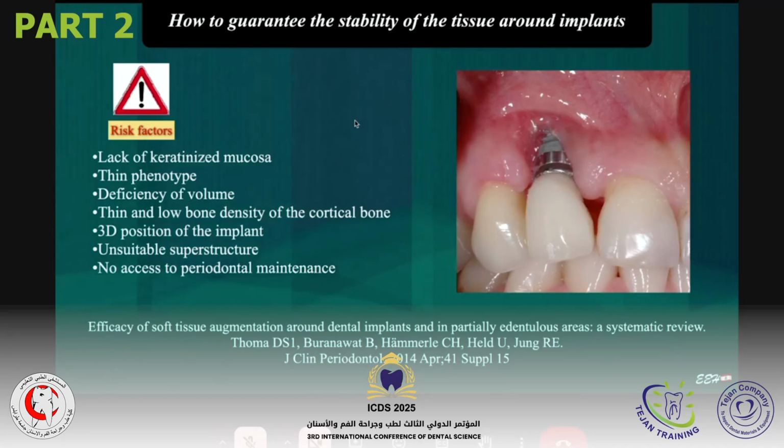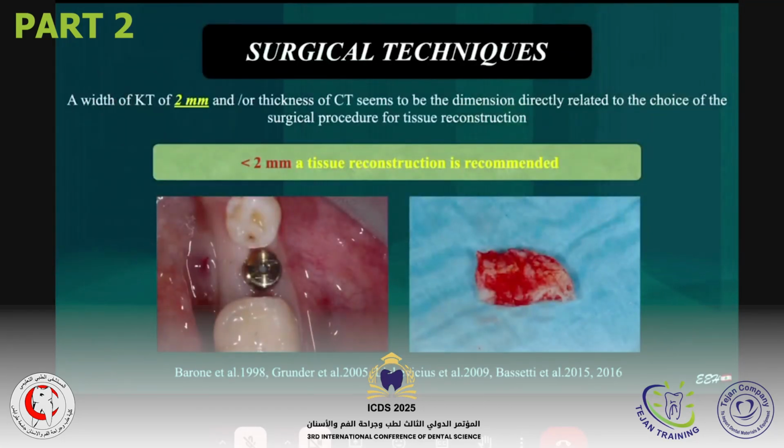It's very important, like I said before, the 3D position of the implant and how to make the structure over the implant and how to guarantee access to the maintenance of the periodontal case. So, a width of keratinized mucosa of 2 millimeters and the thickness of connective tissue seem to be the dimensions directly related to the choice of the surgical procedure for tissue reconstruction.